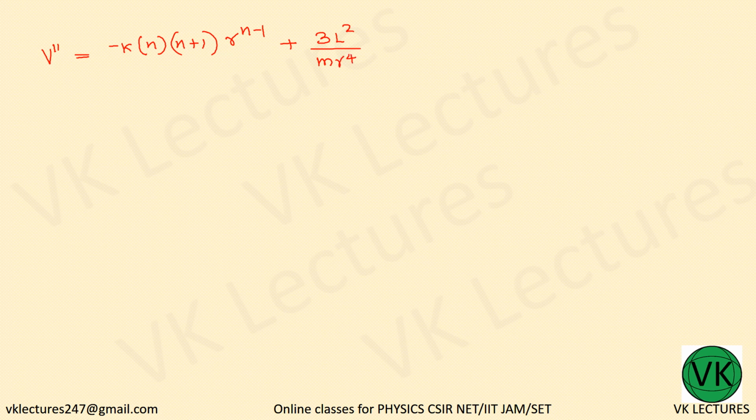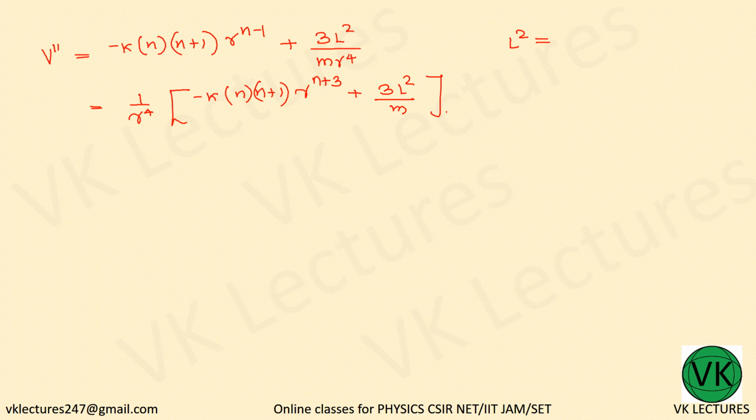Let's take 1 by r to the power 4 out. So this becomes minus k n into n plus 1 r to the power n plus 3, plus 3 L square divided by m. Now we need to substitute for L square.